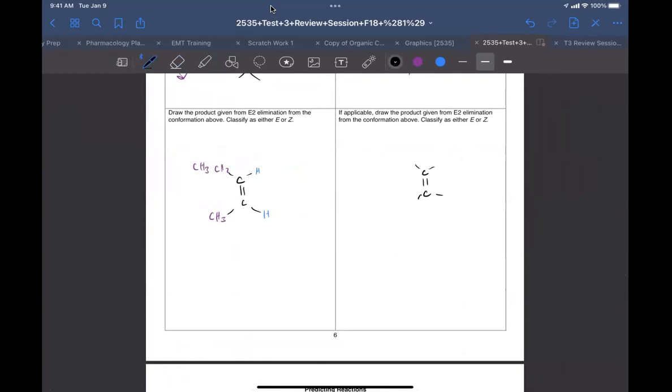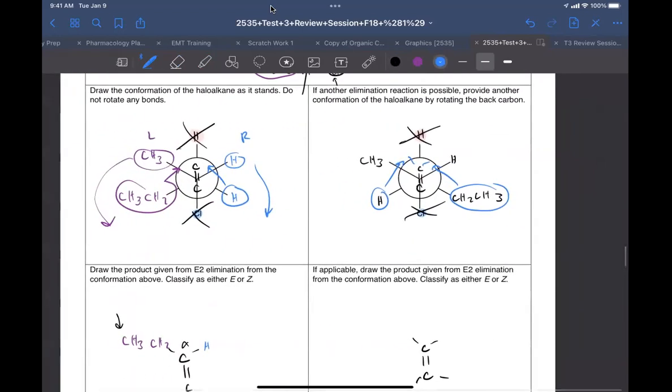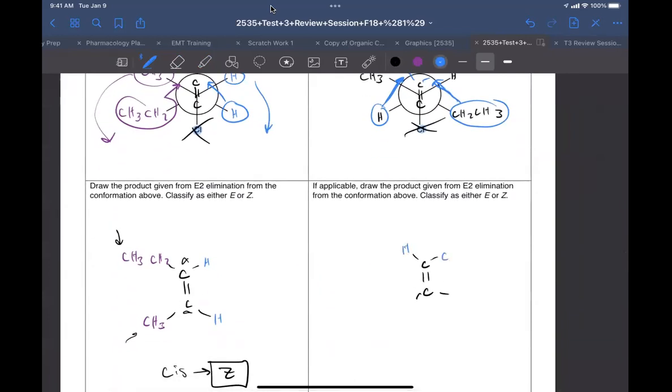For classifying this one as E or Z, alpha groups always take priority over hydrogen. This is cis, or Z. Then over here, we bring this bottom one up here and this bottom one up here. CH2, CH3.